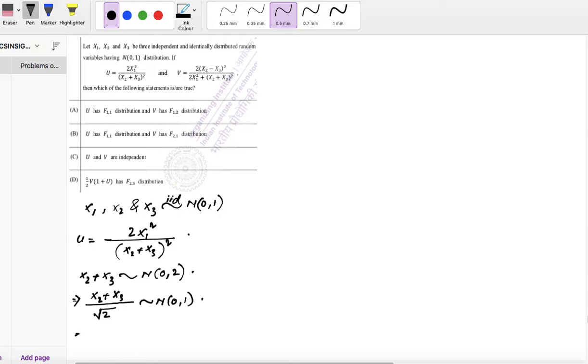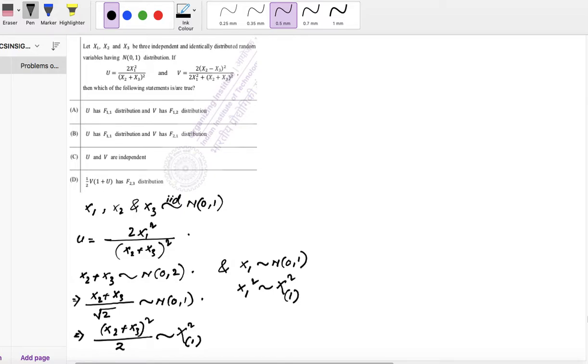So if we square the whole term, x2 plus x3 whole square by 2, this would follow the square of the standard normal distribution, which is a chi-square distribution with 1 degree of freedom. And x1 is given to follow normal 0, 1, then x1 square would follow chi-square with 1.